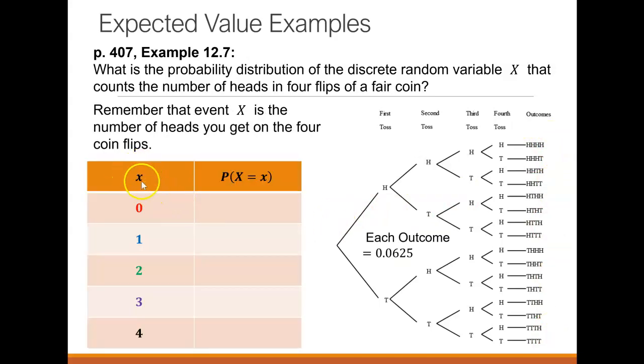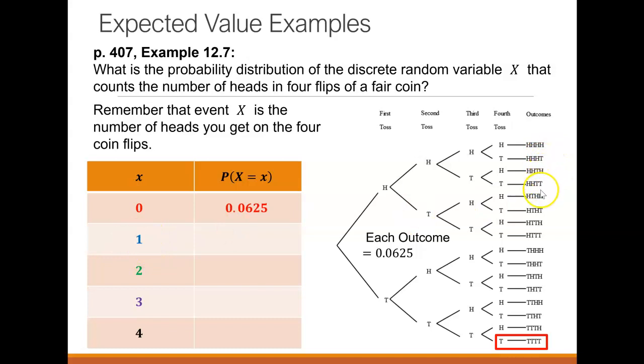Now, if I look for the x, the number of heads, how many outcomes give me 0 heads? If I look through here, only 1. So the probability there is just going to be the probability of 1 outcome, so it's 1/16 or 0.0625. Then I'm going to look for the number of outcomes that have 1 head.